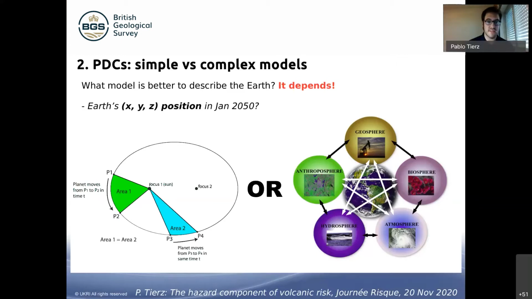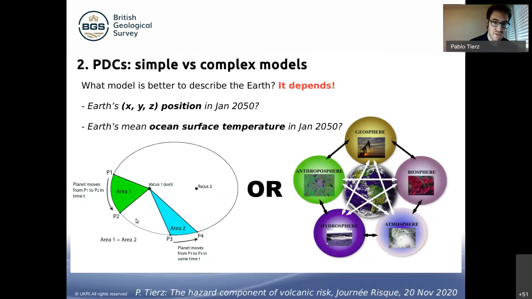If we're looking at a quantity of interest like the position of the Earth XYZ in 2050, then perhaps we could obtain a reasonable estimate with the simple model. But if we were looking at estimating the mean ocean temperature at the surface in 2050, then of course we couldn't use the simple model and we would need to use the complex model on the right-hand side.